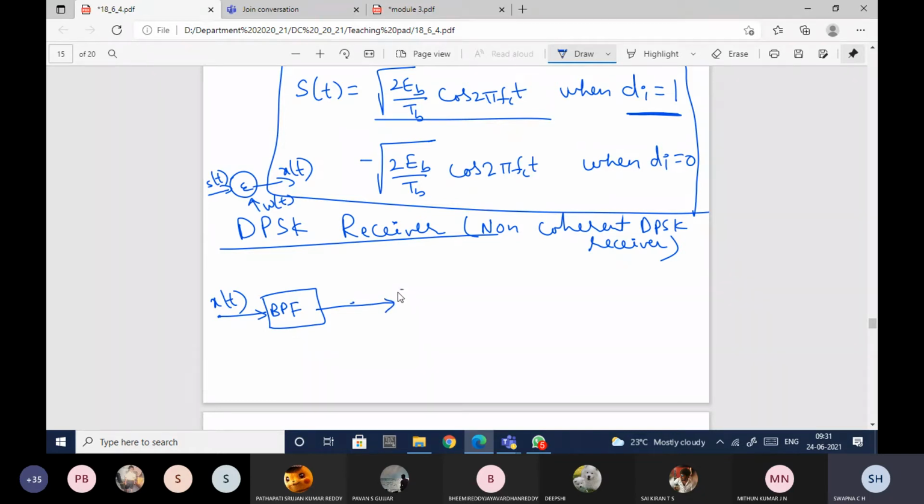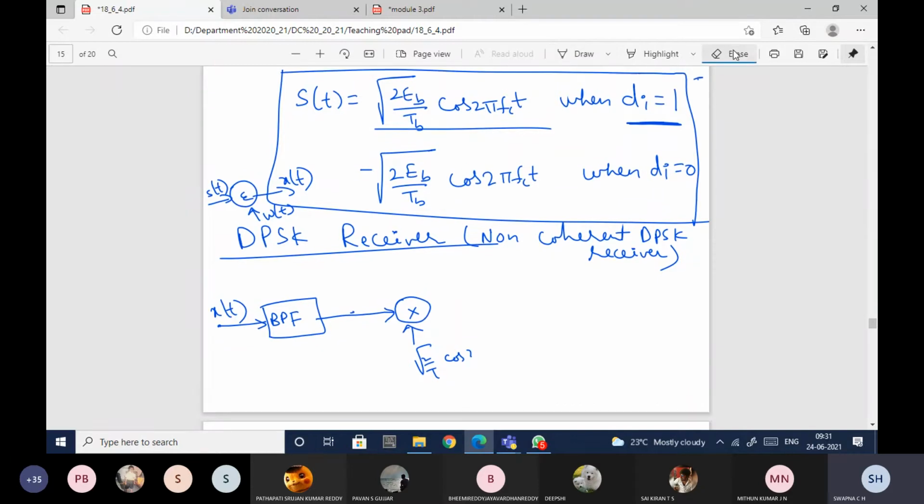And here, as I've already mentioned, we should not use the additional carrier, root 2 by TB cos 2 pi fct. If I use it like this, it becomes the coherent version. So I should not use this.